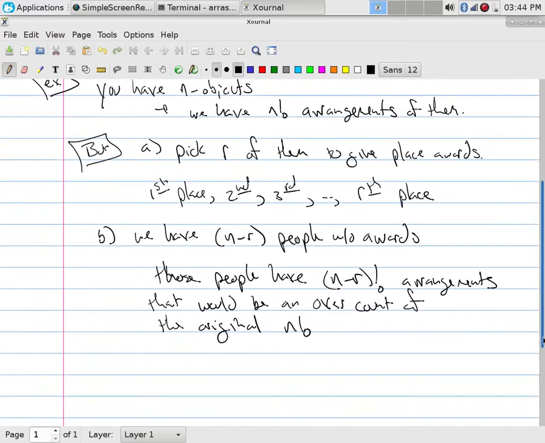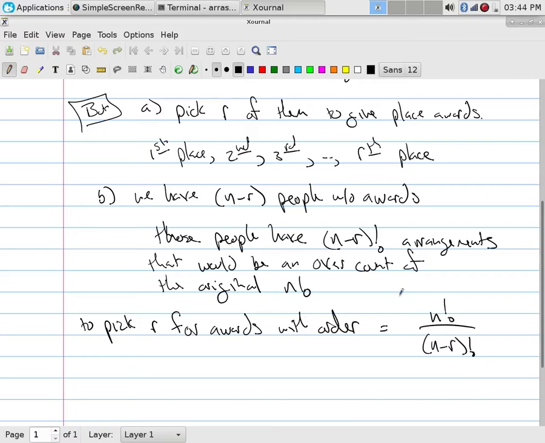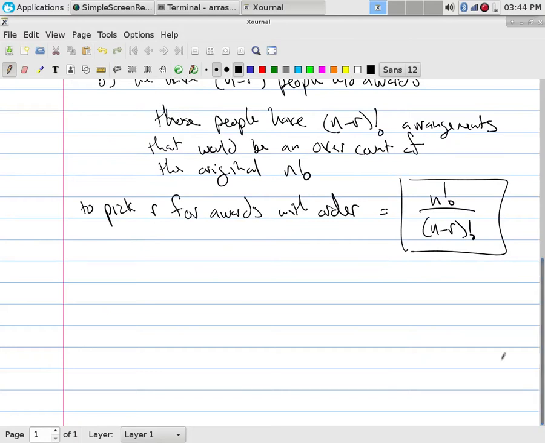And so if I simply want to pick r for awards with order, then it's going to be n factorial ways to arrange all n people, but I have to remove those without order themselves.